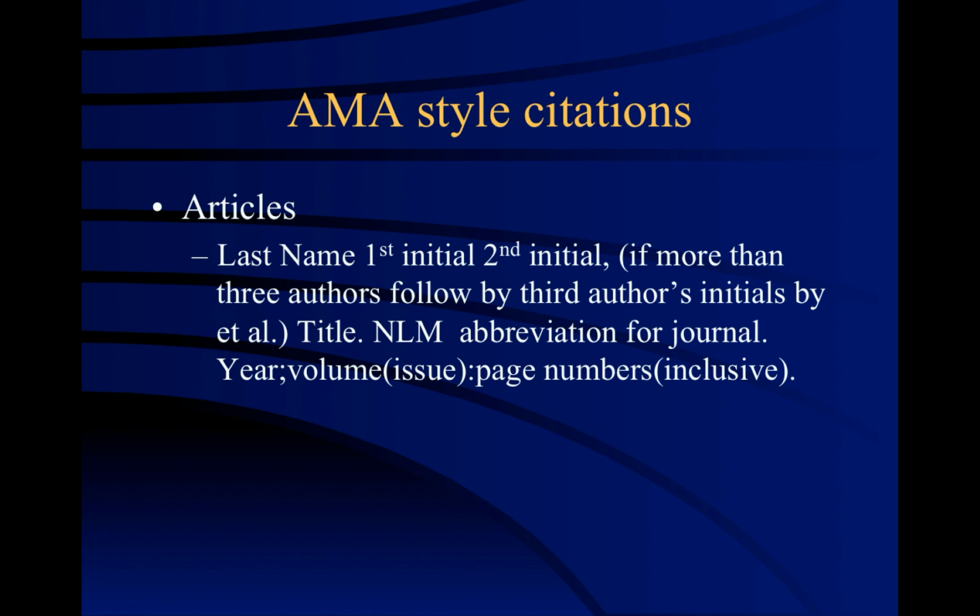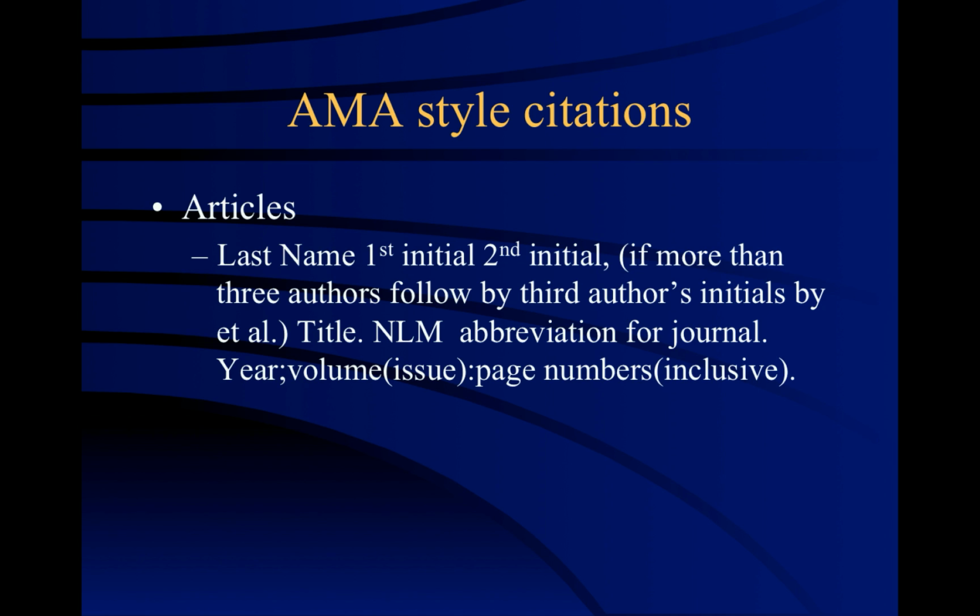Start again. Lastly, I'd like to mention the AMA style citations. The basic format for an article is the author's last name followed by the first initial and second initial. If there are more than 3 authors, you follow the third author's initials by ETAL, period.